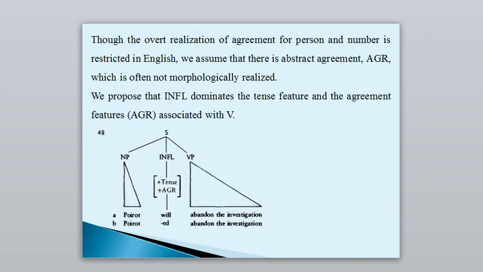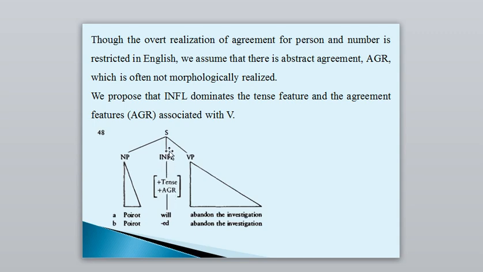So though the overt realization of agreement for person and number is restricted in English, we assume that there is abstract agreement, which is often not morphologically realized. So we propose that inflection, as you know, we use inflection instead of auxiliary, dominates not only the tense but also the agreement feature. You see here, this is the abbreviation of agreement.